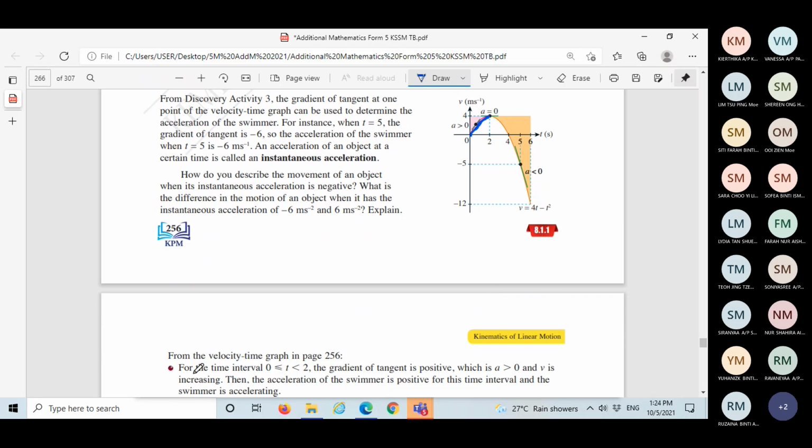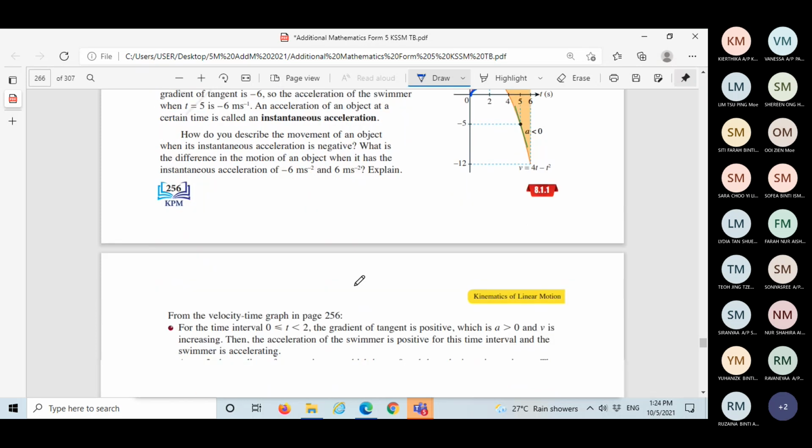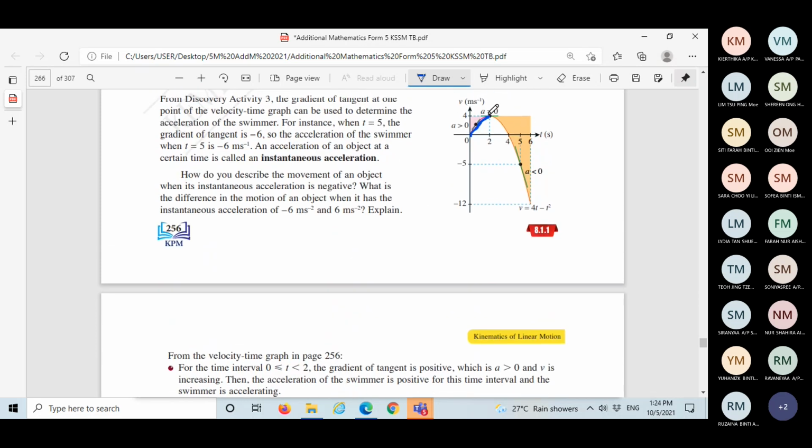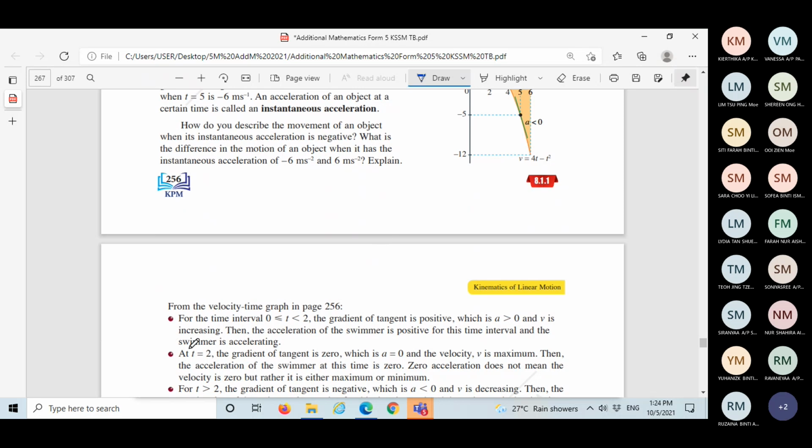So for the first part, the time interval 0 to 2, not including 2, the gradient of the tangent is positive, so the acceleration is positive. v is increasing here. Then at t equals 2, the maximum point, the gradient of the tangent is 0, which is a equals 0. The velocity v is maximum.